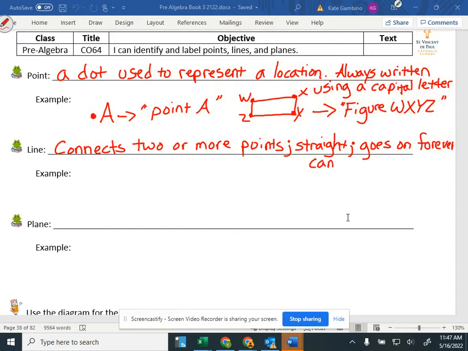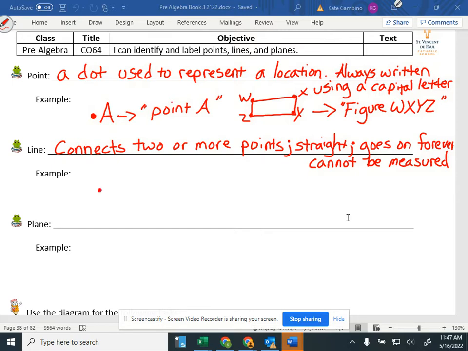Because it goes on forever, it cannot be measured. Make sense? If it's a segment, it has a beginning and an end point. So we can measure it. How long is the segment? A line goes on forever.